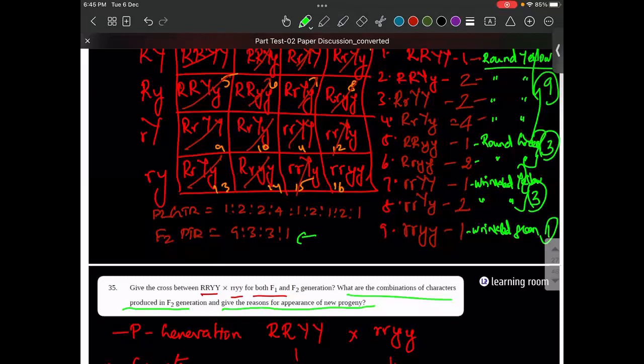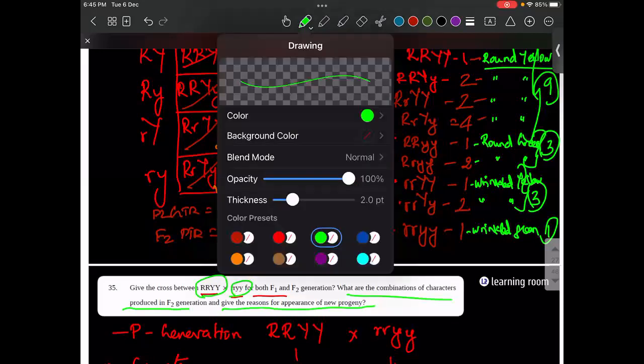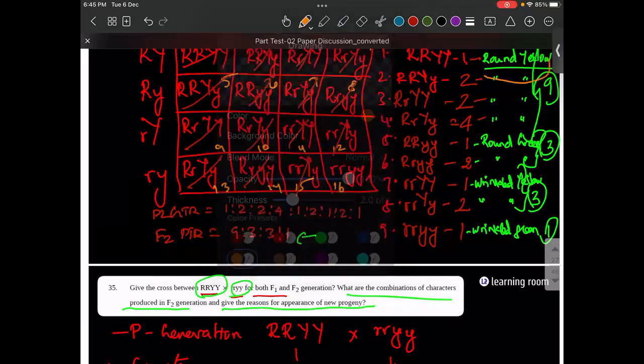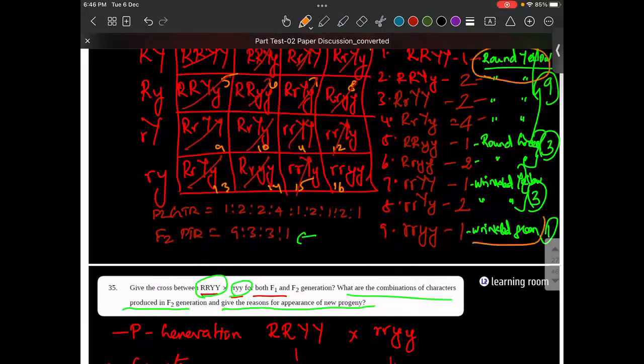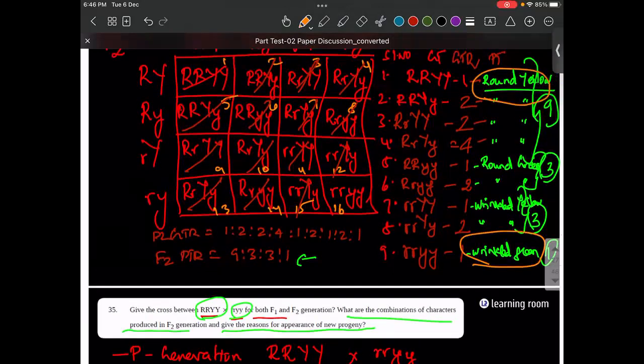The parental characters are round yellow and wrinkled green. You have round yellow also, wrinkled green also, in the ratio 9:1. They are the parental characters.